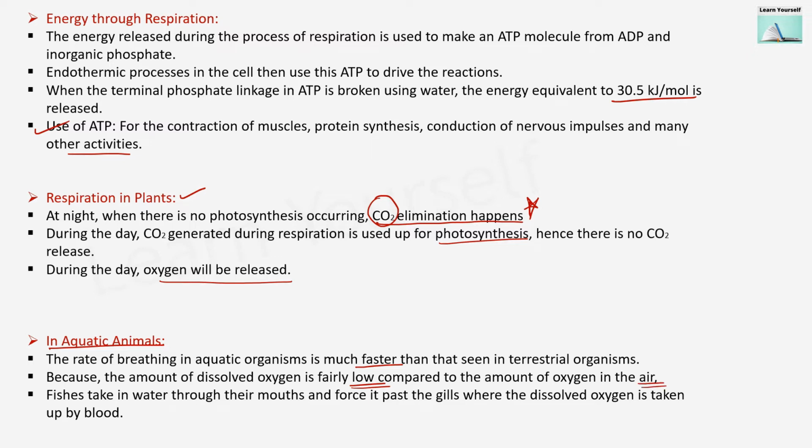So they have to breathe faster to fulfill their oxygen requirement. Fishes take in water through their mouth and force it past the gills, where the dissolved oxygen is taken up by the blood. That is why their breathing process is faster compared to terrestrial organisms.